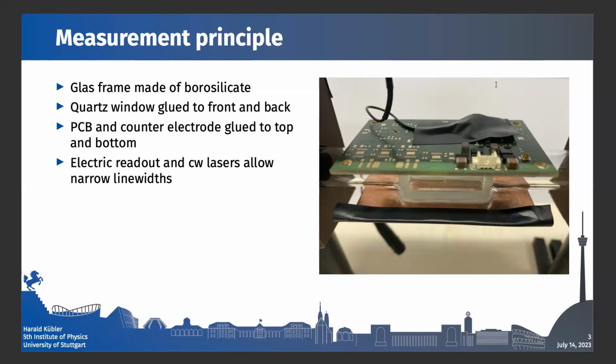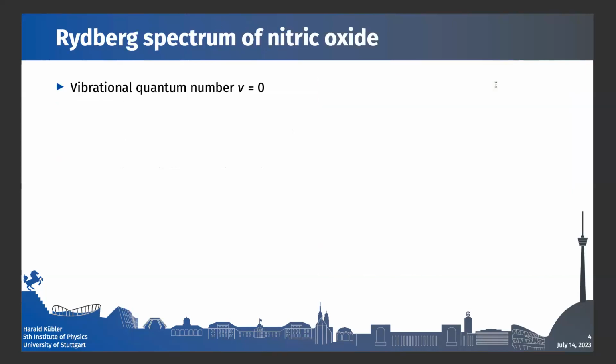And just by changing the pressure in the cell, we can control the collisional broadening and all the collisional effects with the background gas. So far, we restrict ourselves to the vibrational quantum number being 0. And all the things that are hidden in the electronic contribution, as I already said, we had a really nice talk. At least for the formalism I'm showing you here, that's all hidden in the electronic contribution.